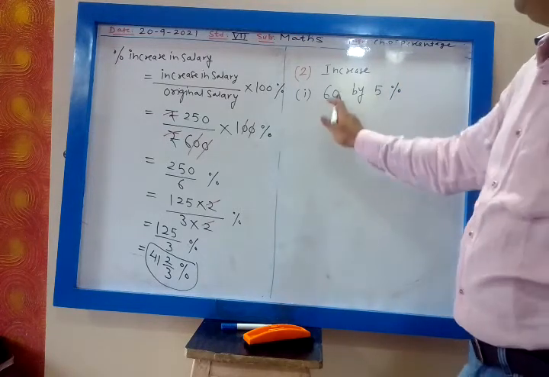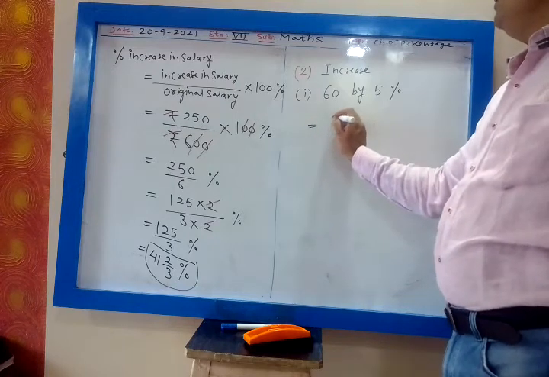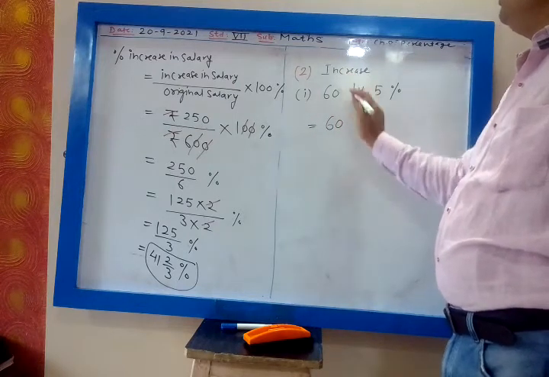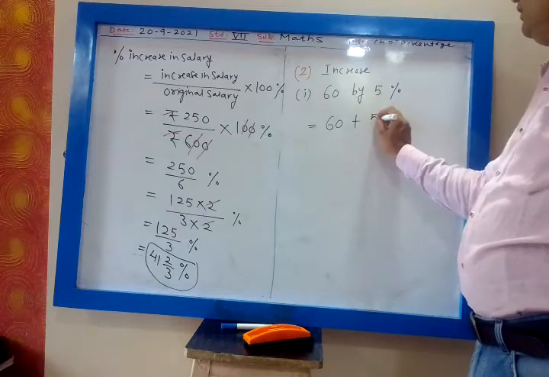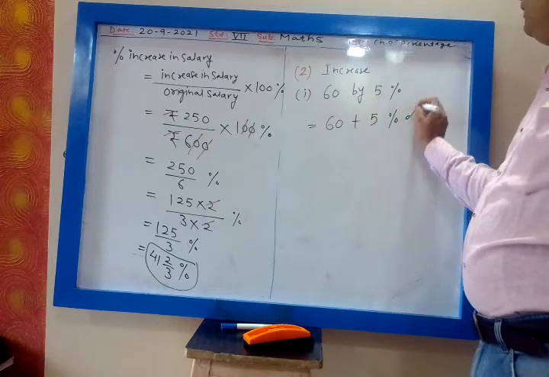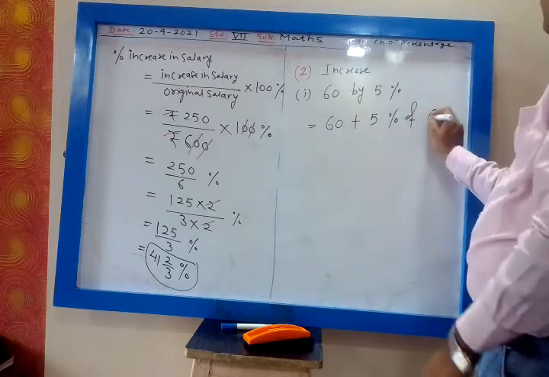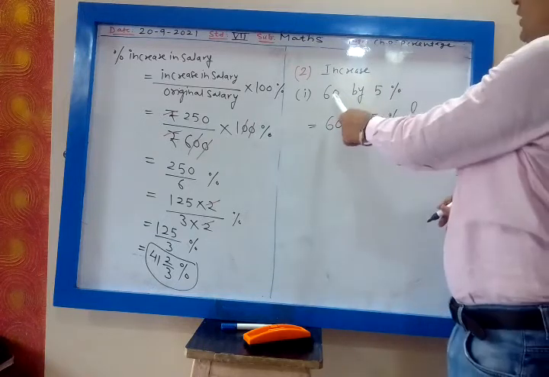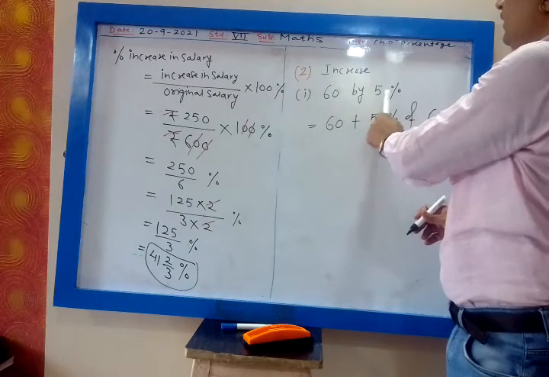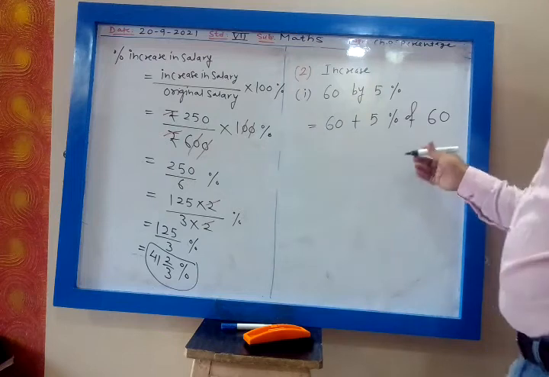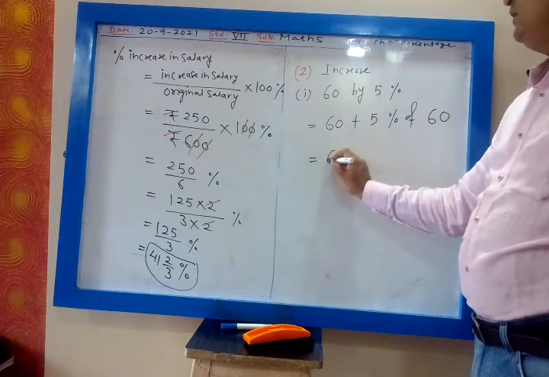You have to increase 60, so I will write 60 plus. Increase means plus. How many percent? 5%. Of which number? 60. So I will write 60 plus 5% of 60.